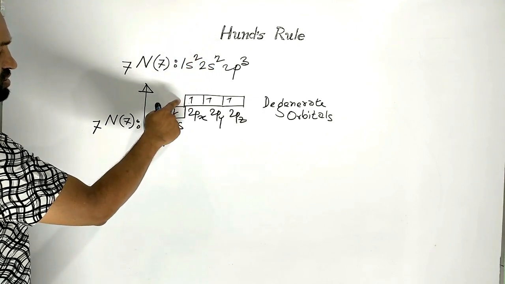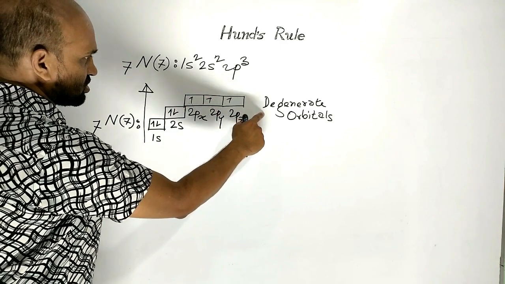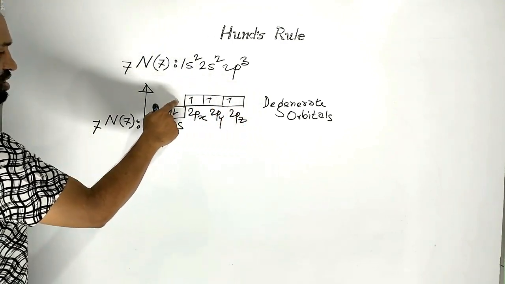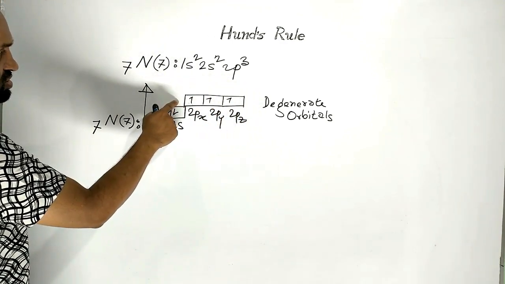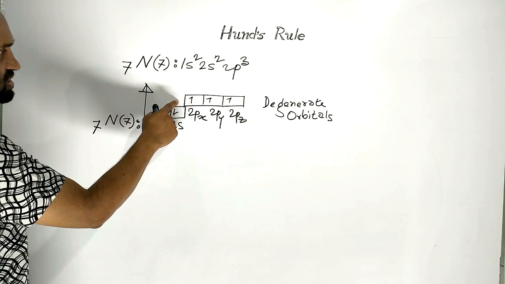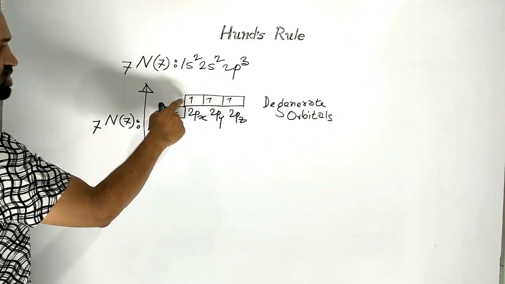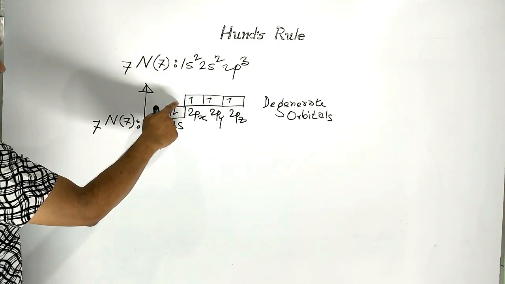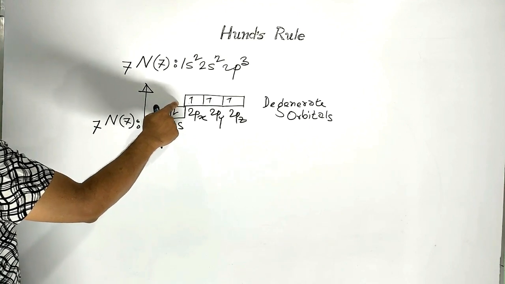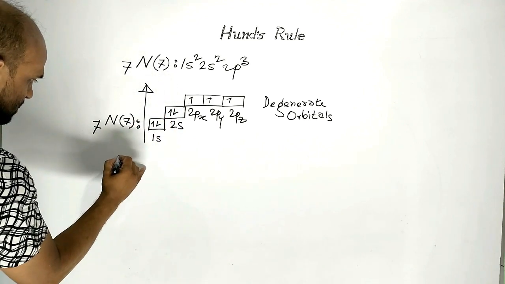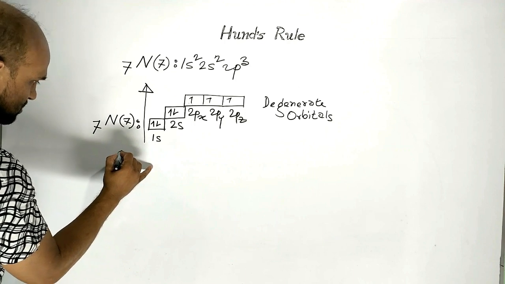Hund's rule is, in case of degenerate orbitals, electrons will be distributed in such a way that the maximum number of electrons will be in unpaired state with the spin of same direction. This is Hund's rule.